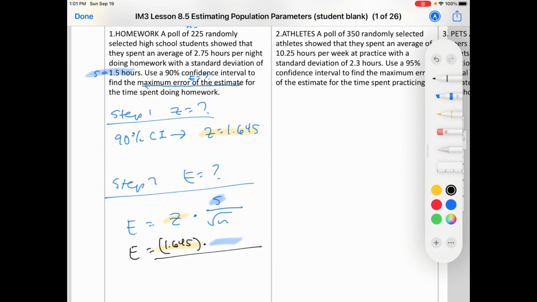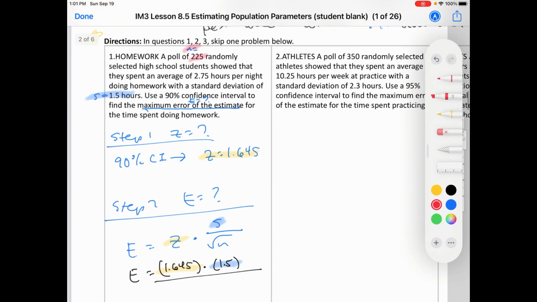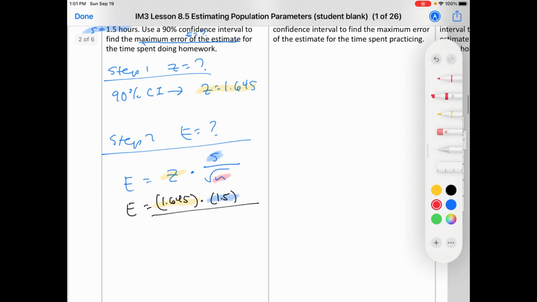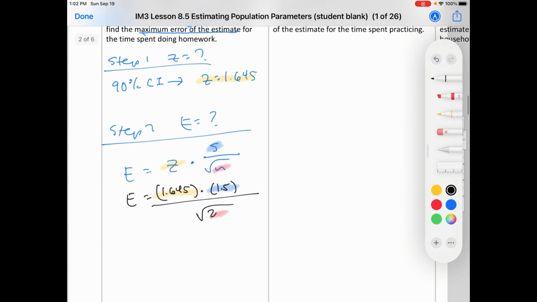So I'm going to put that there. And then my N value was up here, 225. Now, don't forget to write that one in what? The square root. What did I just say? Short-term memory, 225. Okay, let's go ahead and put that in our calculator.